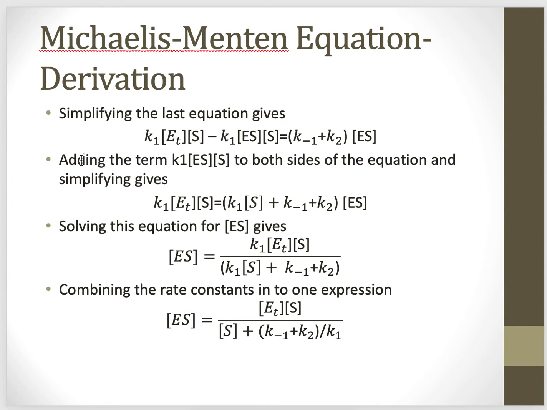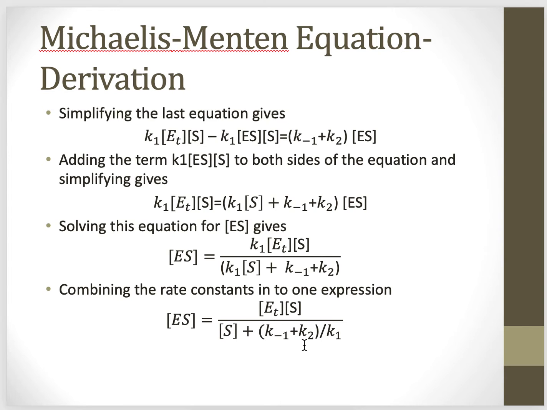Then we'll add K1 ES S to both sides of the equation, and then simplifying will give this form. If we take ES on the left hand side, then on the right hand side it will be like this. And if we further simplify it, the expression will look like this: ES equals E_T S divided by S plus (K minus 1 plus K2) divided by K1. We can see here all these denominators are constant.